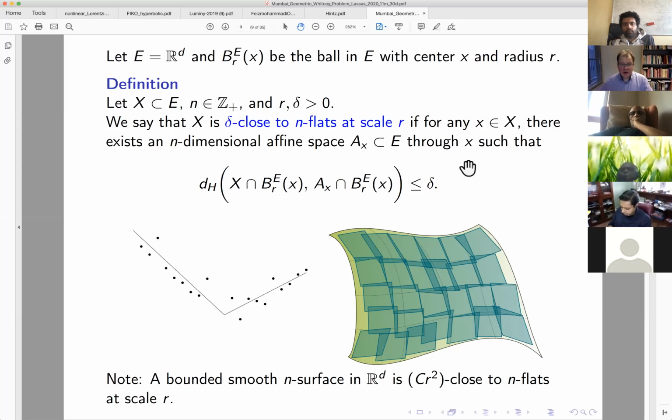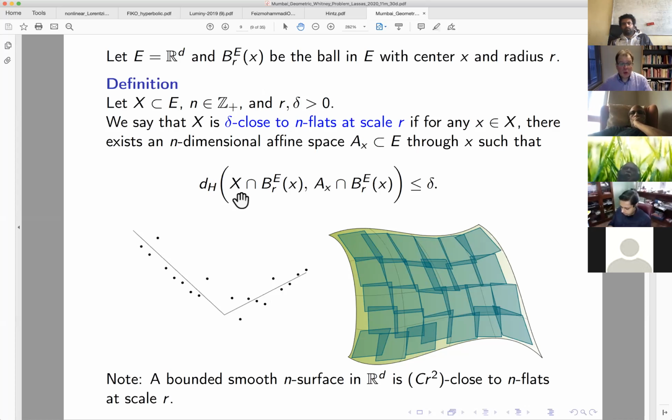We take any point X in our dataset, and then near it we consider an affine n-dimensional space. So like in this picture, we could take here one point, and then we could take an affine space.